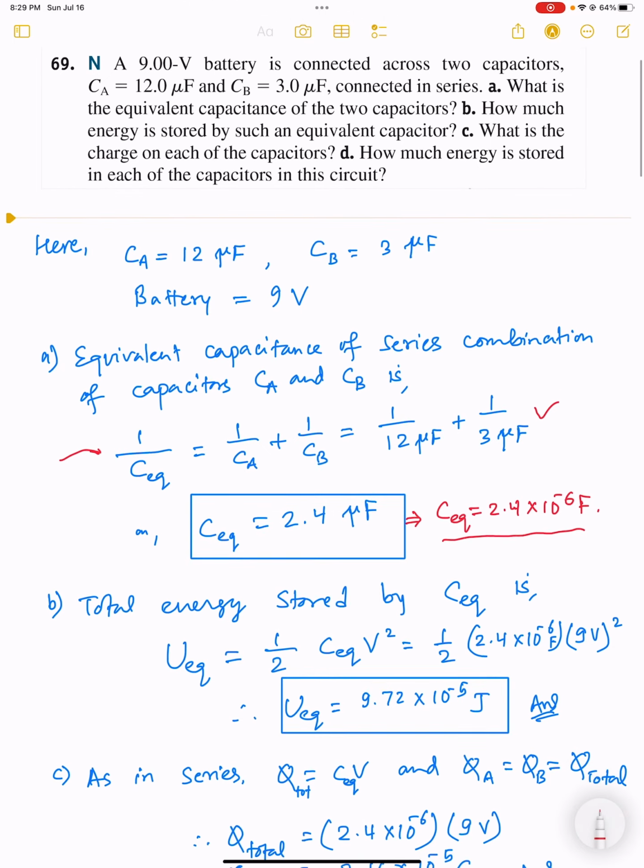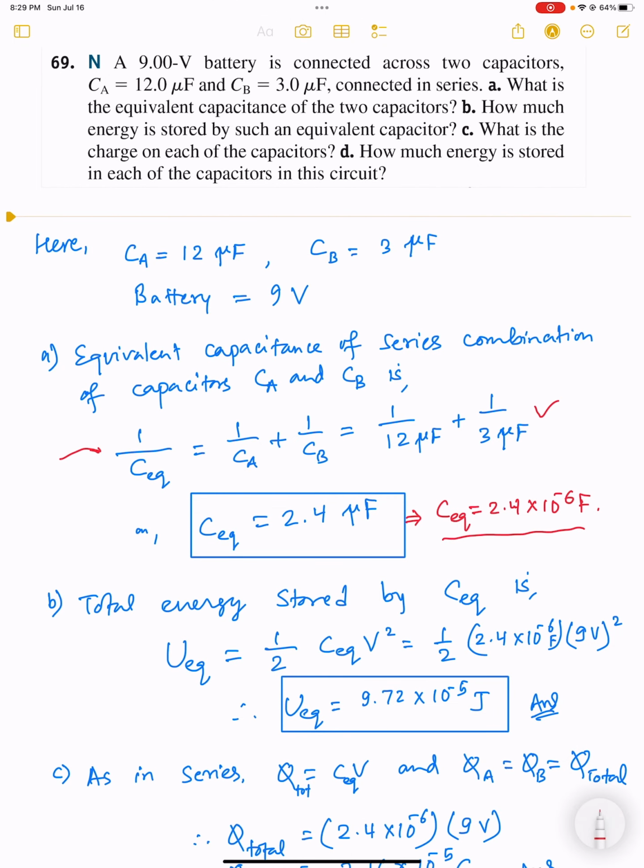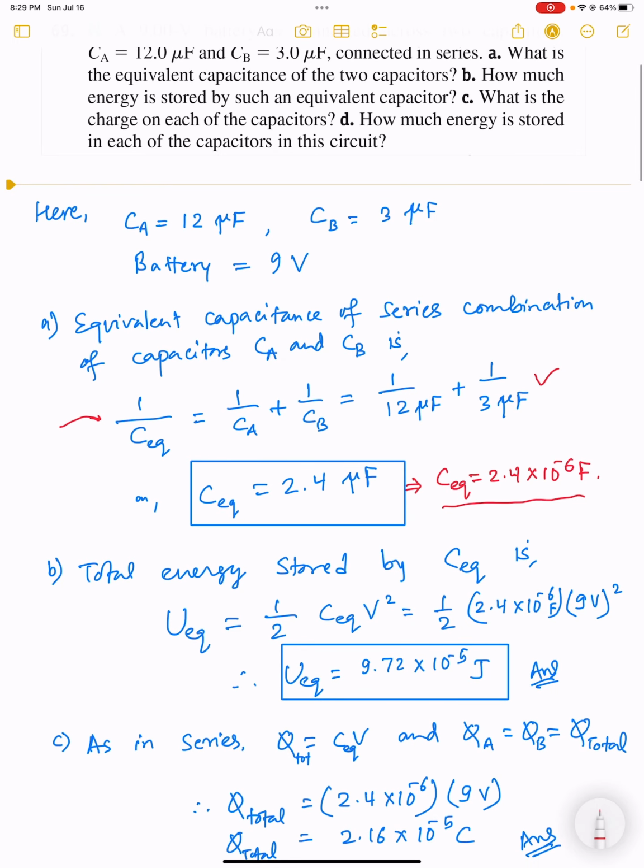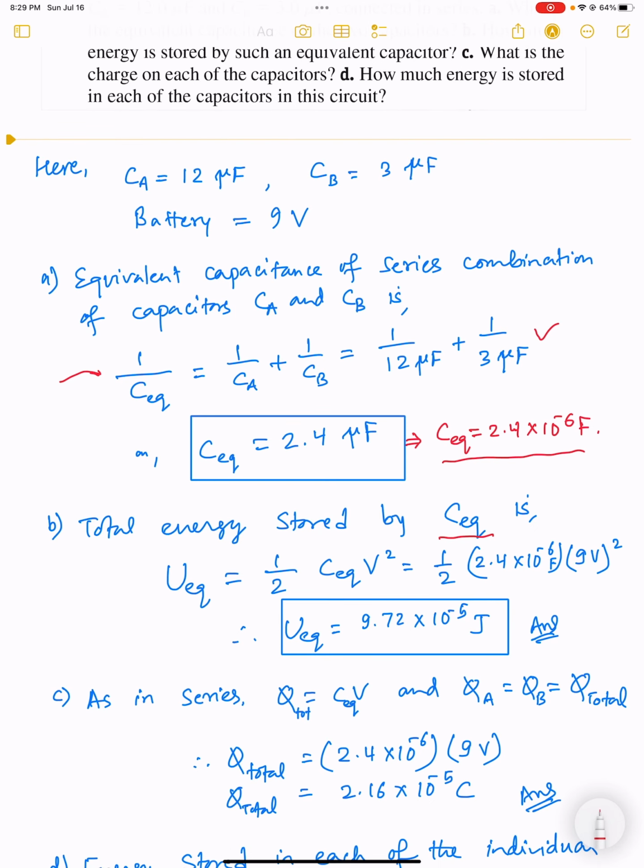For part B, it asks about the energy stored by such an equivalent capacitor. So the total energy stored by this equivalent capacitor is 1 over 2 C equivalent V squared.